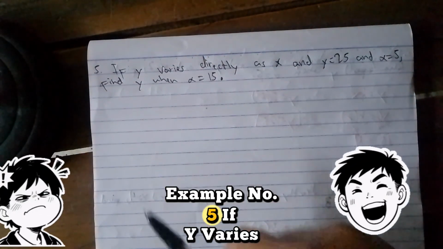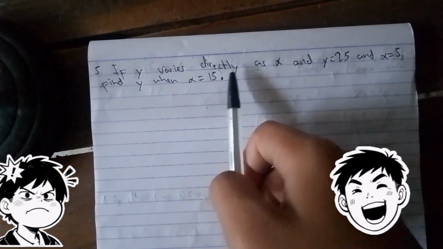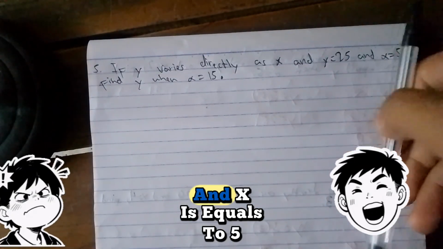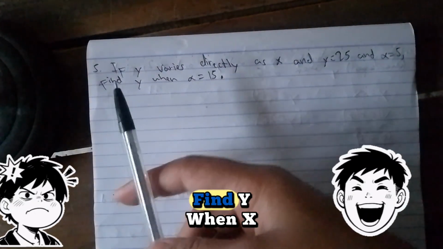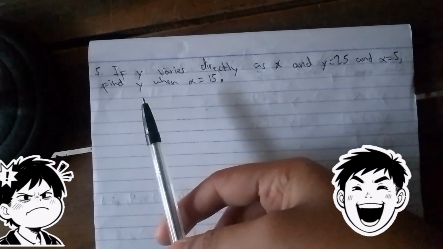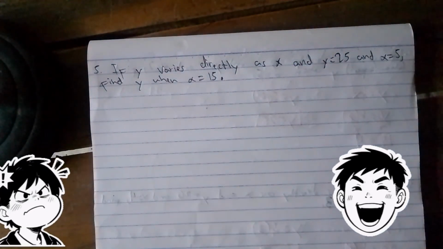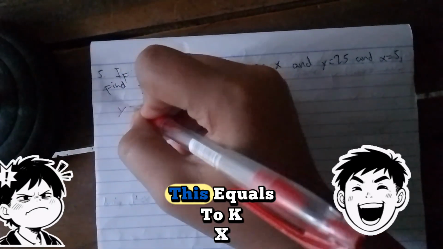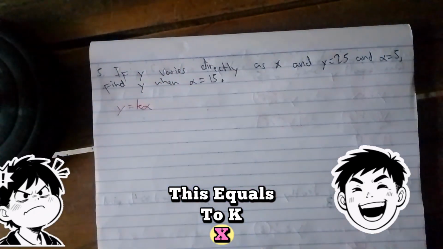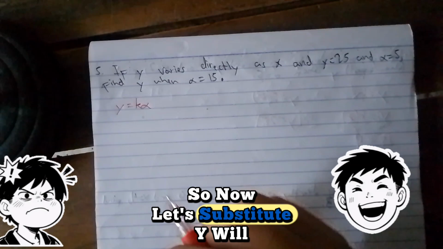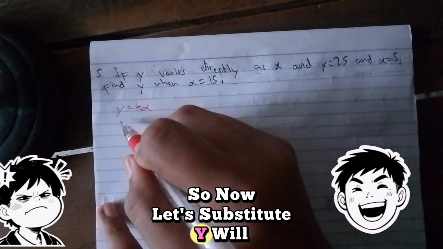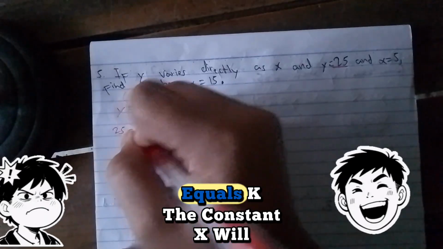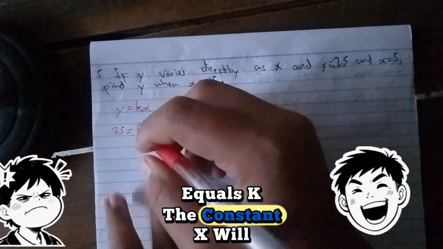Example number 5. If y varies directly as x and y is equal to 25 and x is equal to 5, find y when x is equal to 15. So let's write the formula. Y equals kx. So now let's substitute. Y will become 25 equals k, the constant.